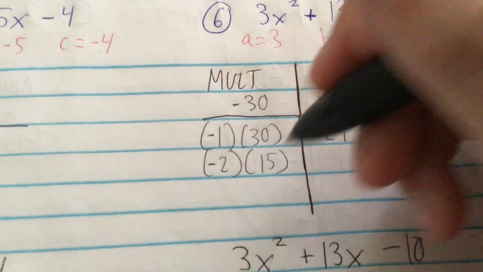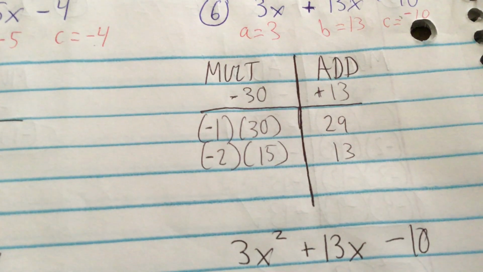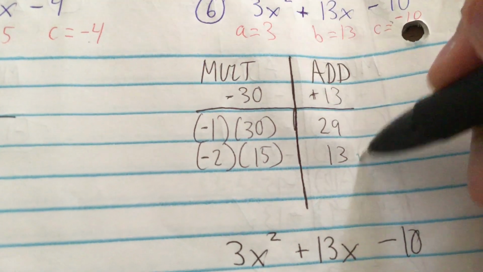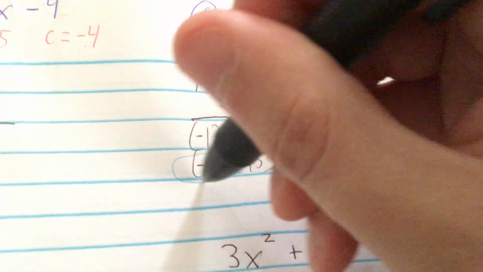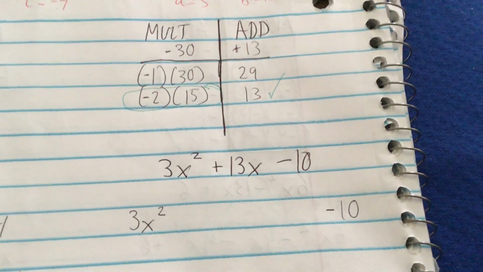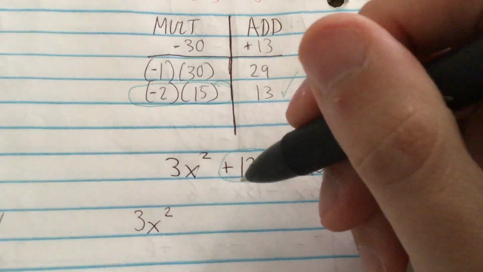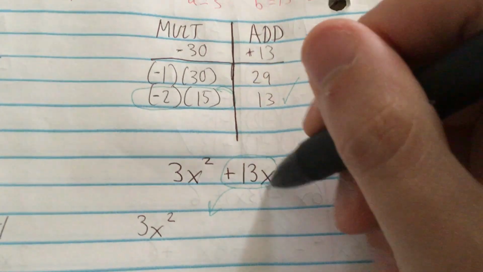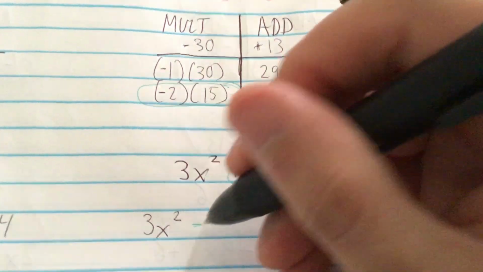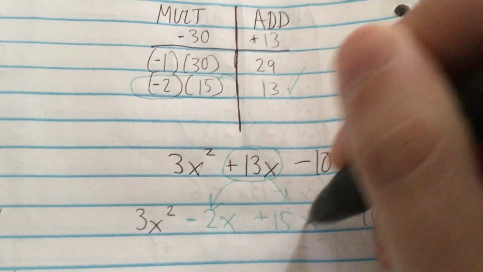Negative 2 plus 15, however, is 13, and therefore we've got our winning team on the second try. Okay, what's so great about the winning team? Well, it allows me to split the middle term, positive 13x, into negative 2x and positive 15x.